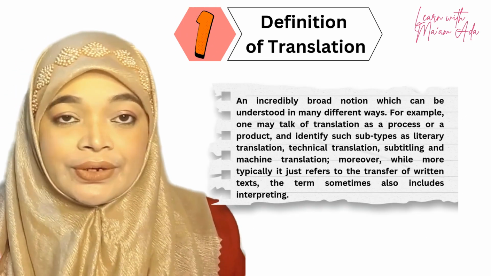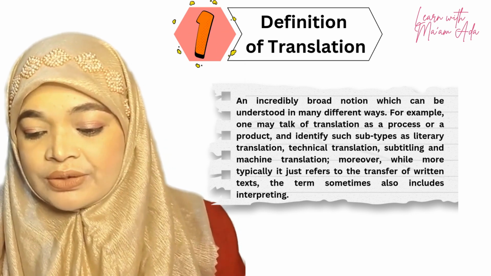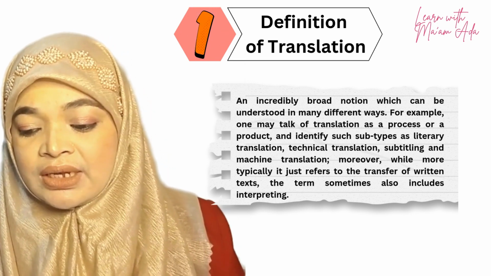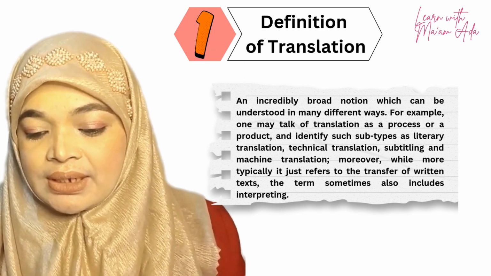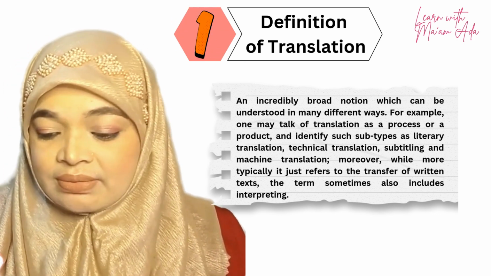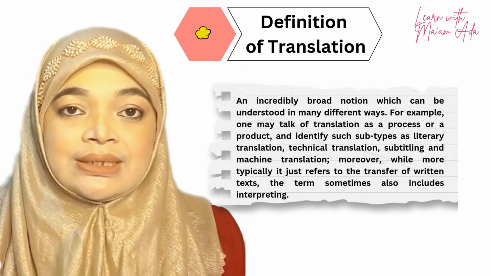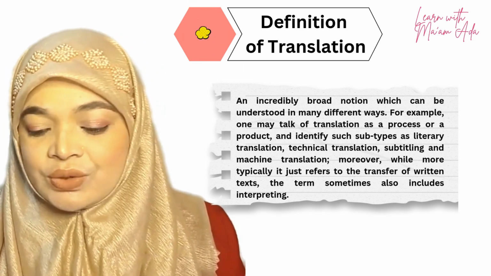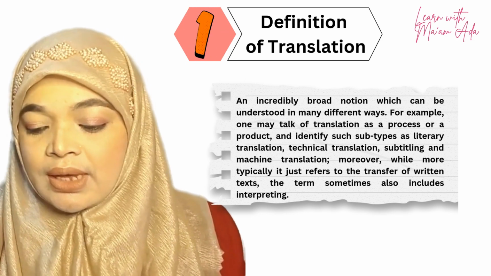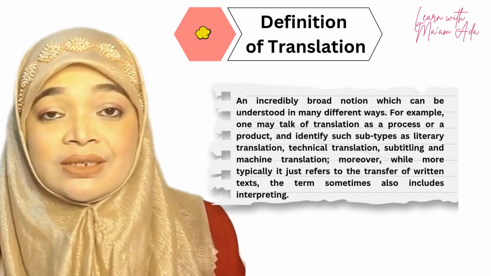Alright, further, this distinction was drawn out and it appeared in the Dictionary of Translation Studies by Shuttleworth and Cowie, 1997. It says here that translation is an incredibly broad notion which can be understood in many different ways.